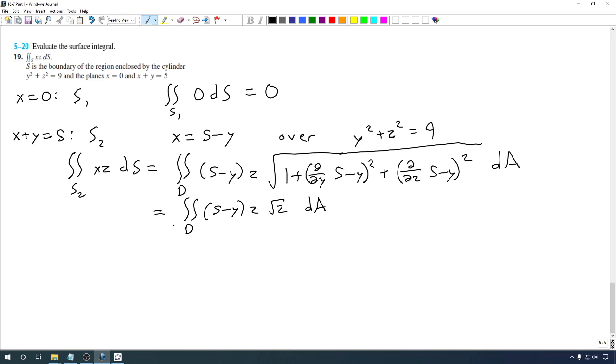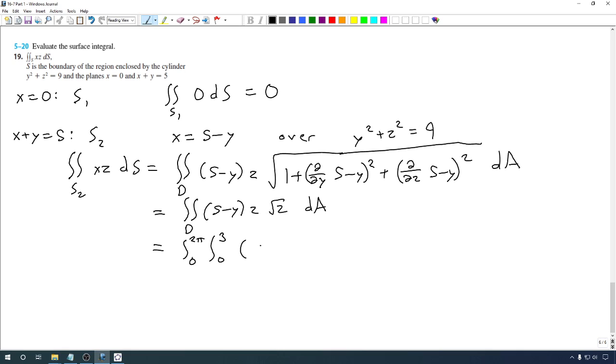And then, since we're integrating over a disk, we're going to go ahead and use polar coordinates. We're working in y and z instead of x and y, so I'm going to go ahead and make y equal to r cosine theta, and z is going to be r sine theta. Either direction actually works, and you'll get the same result either way. Of course, we are going over the disk of radius 3, so theta is going to go from 0 to 2 pi, r is going to go from 0 to 3.